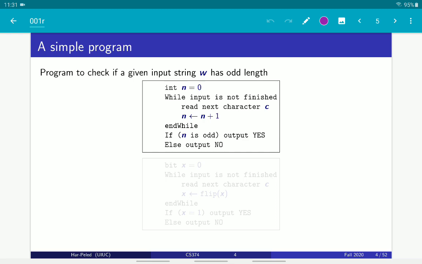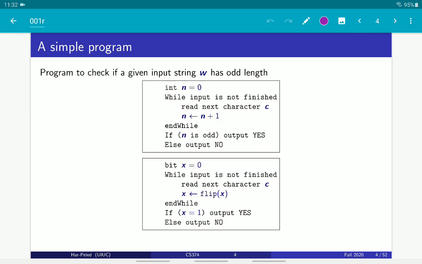Every time you read a character, you increase the counter by 1. And then when the input is done, we just check whether the counter is even or odd, and we output yes or no accordingly. If it's odd, we output yes, otherwise we output no. Okay, so this is the basic idea.